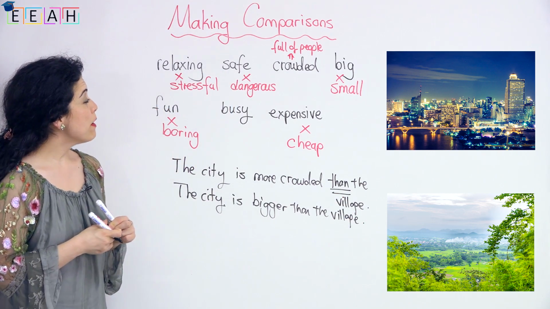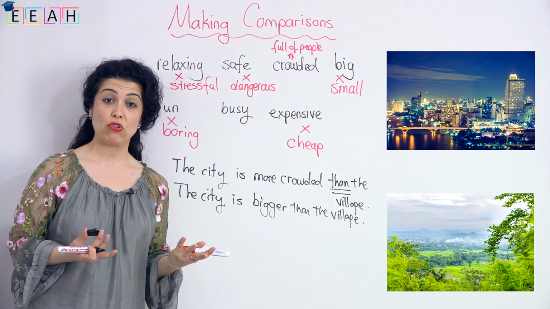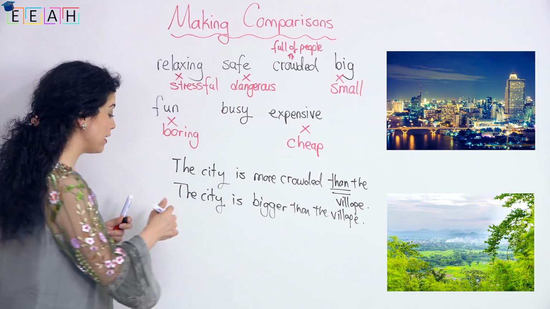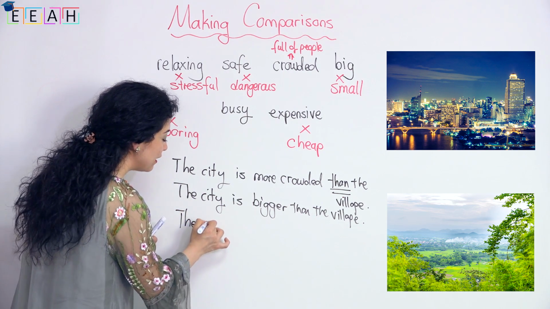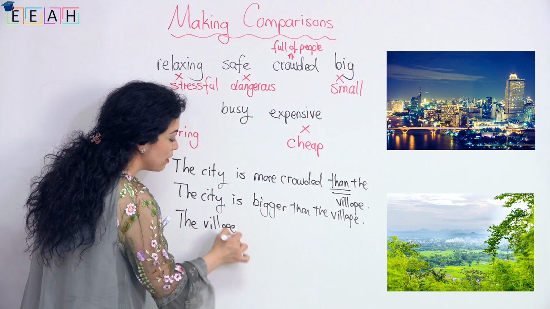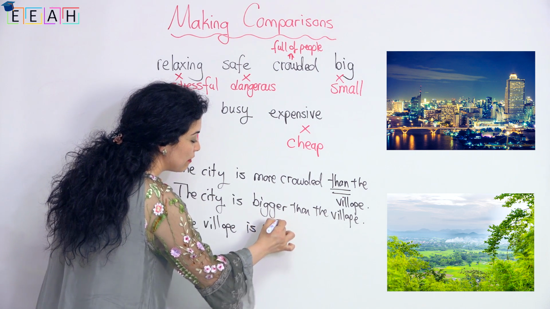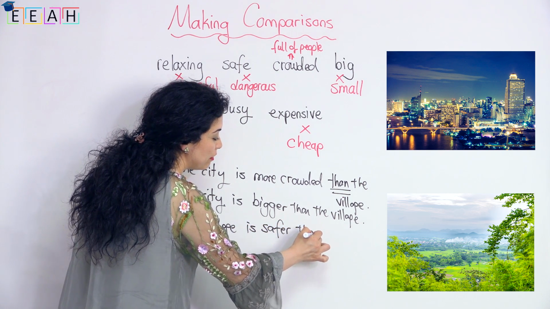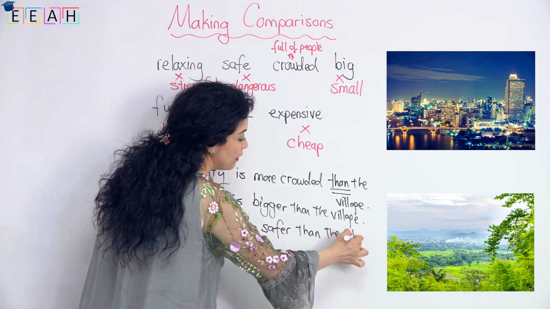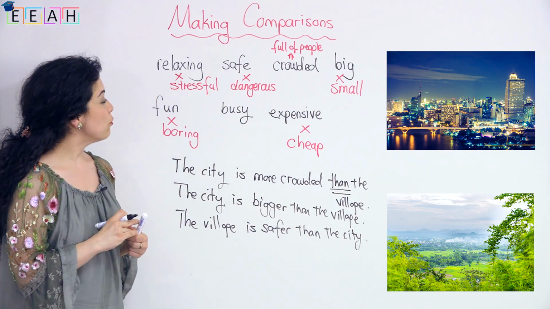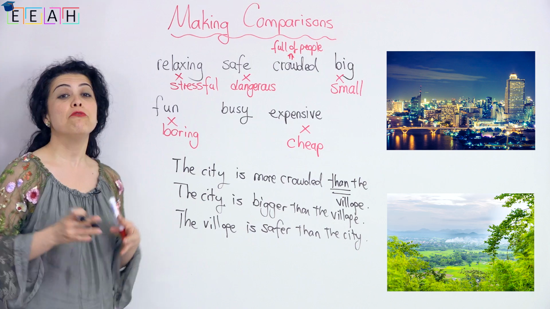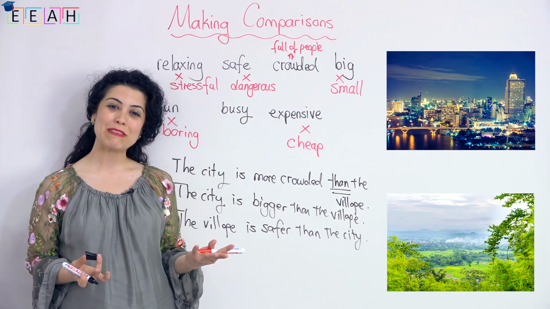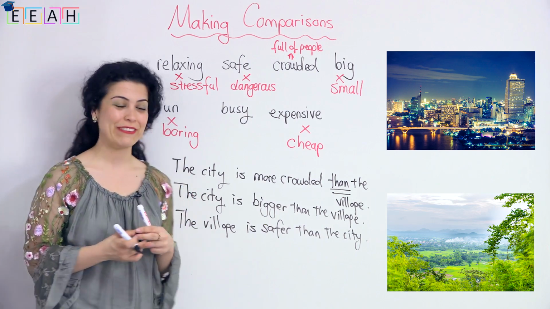Okay, what about being safe and dangerous? Which one is safer? Okay, the village life, isn't it? The village is safer than the city. Exactly. And what about being fun and boring? Well, for young people, which one is more fun? Of course, the city.